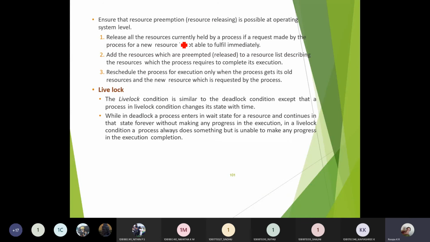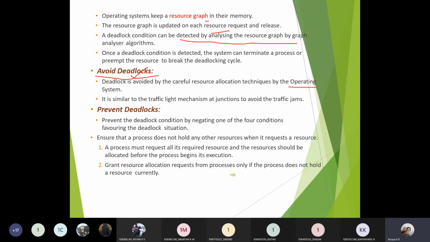The first one is releasing all the resources currently held by the process if a request is made by the process for a new resource, or else adding the released resources to the resource list, or else rescheduling the process for execution. Only when the process gets its resources can it execute. So these are the four different conditions through which we can prevent the occurrence of a deadlock.